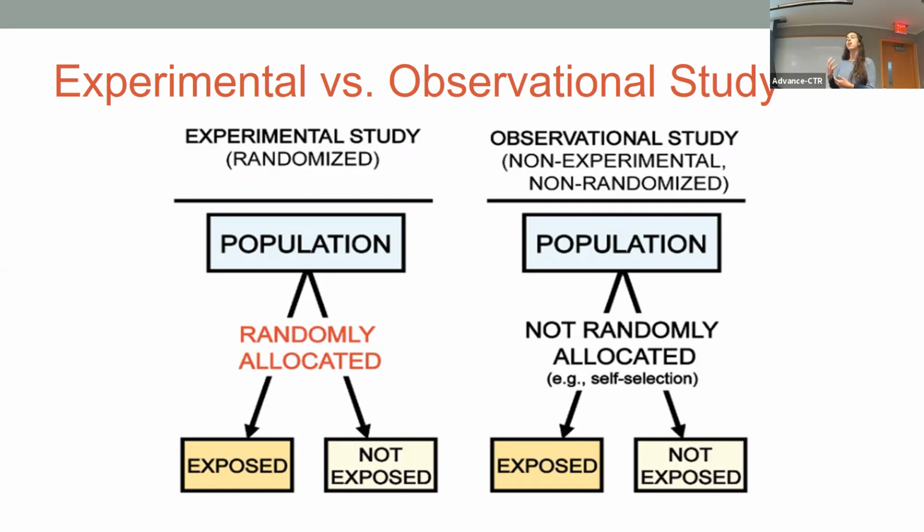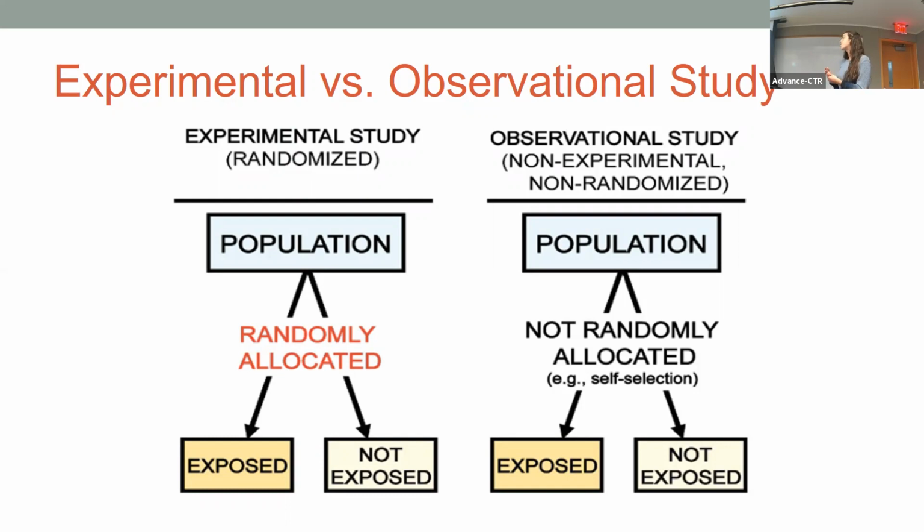The investigator cannot themselves say, oh, we're going to say that a group of individuals is going to be exposed to smoking while another group is not. And so just by thinking about this motivating example with smoking, we understand why in some situations, even though a randomized experimental study might be considered the gold standard, it's not always feasible or ethical, because with a lot of issues that we're interested in investigating, you can't randomly allocate individuals to be exposed or not exposed.